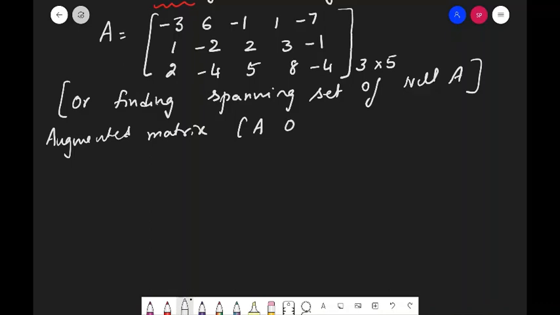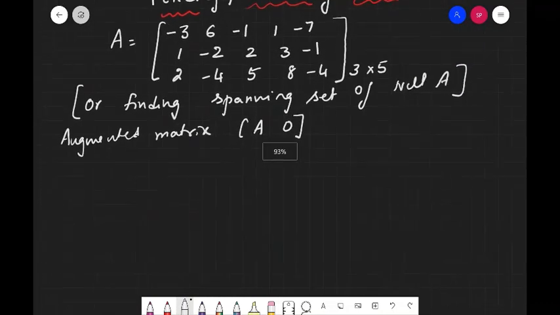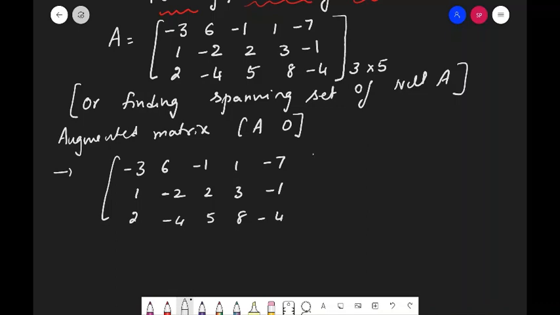With a column of zeros. So it is -3, 6, -1, 1, -7, and then 1, -2, 2, 3, -1, and then 2, -4, 5, 8, -4. Then this should be augmented with a column of zeros.